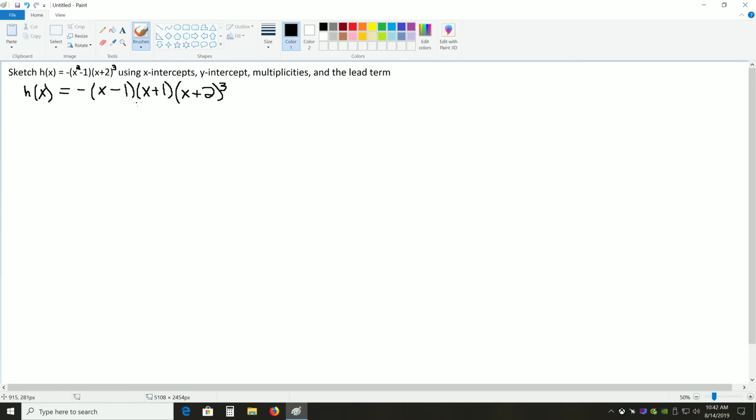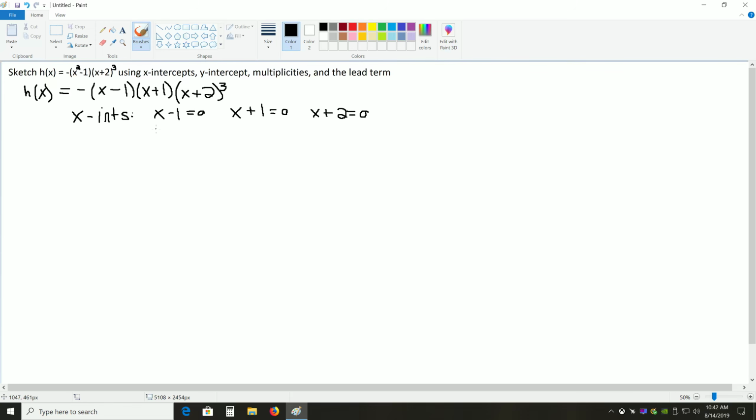And now that we have this, we can set each of these factors equal to 0 to find our x-intercepts. So we'll make a note of this. Our x-intercepts will be x minus 1 equals 0, x plus 1 equals 0, and finally, x plus 2 equals 0.